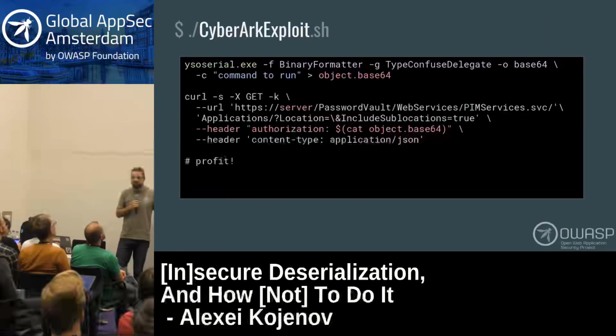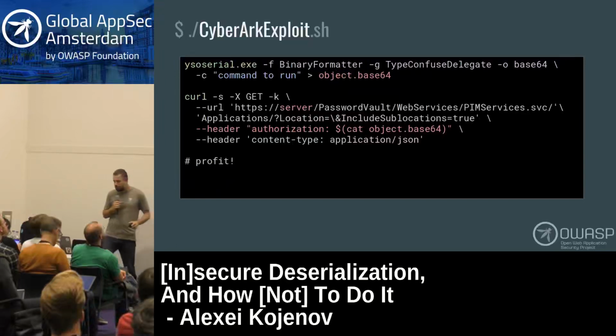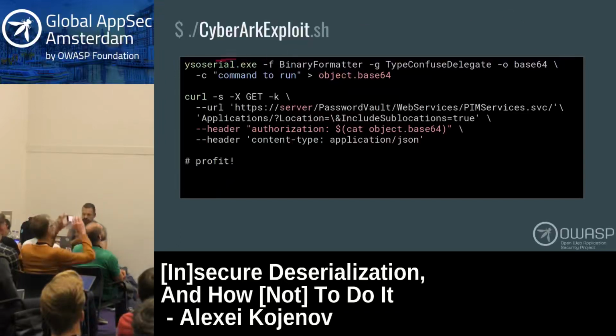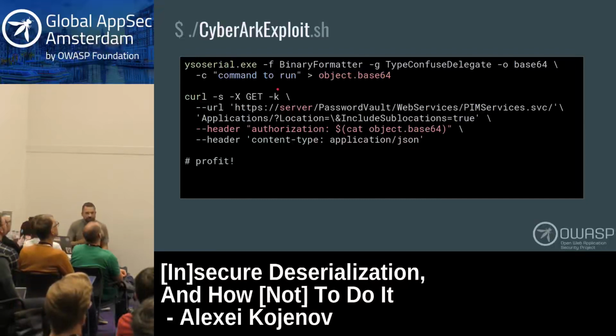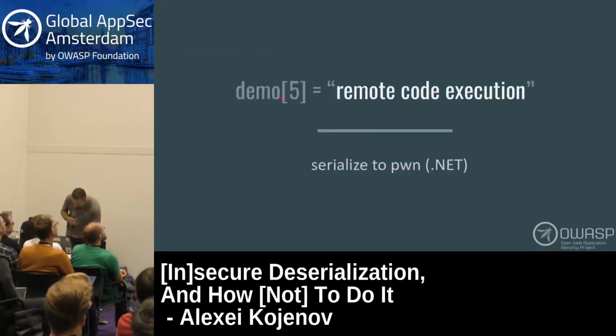And here's the actual exploit. You run just one command. You use an open source utility called OWASP, in this case, OWASP.net, to generate the payload. And then you supply that payload as the authorization header, and you run a curl command to execute that code on the server. Is it difficult? No, anybody can run this. In fact, let's try.